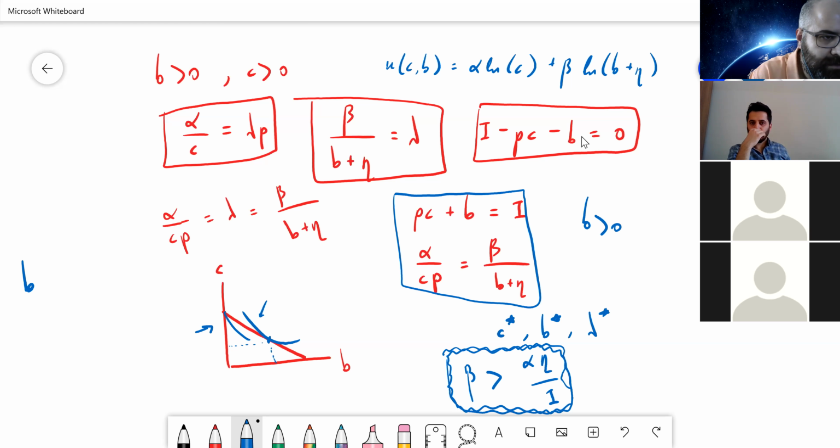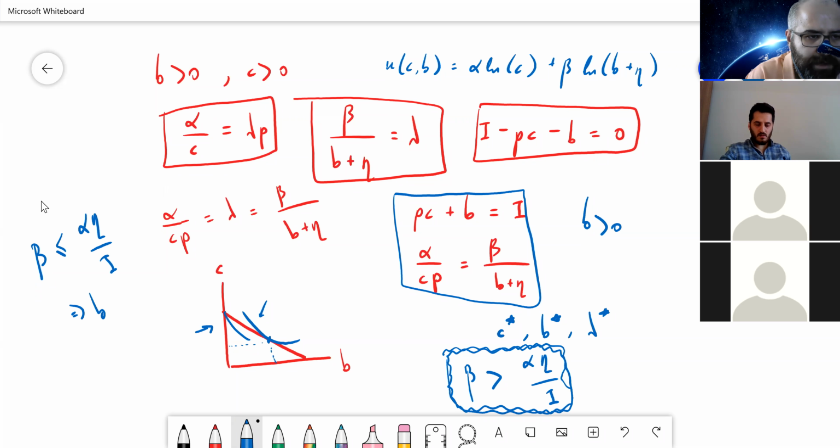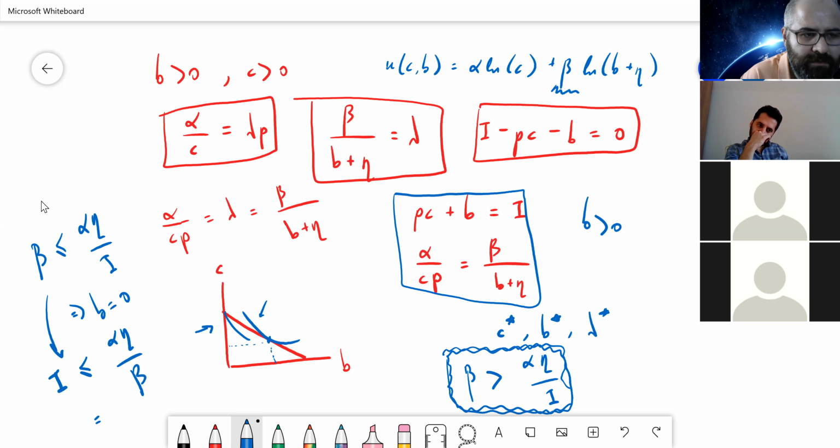If beta is sufficiently small, then bequest is 0. So it all boils down to the preference for bequest. Or you can write this as this, then you tell if income level is sufficiently low, then there is no bequest.